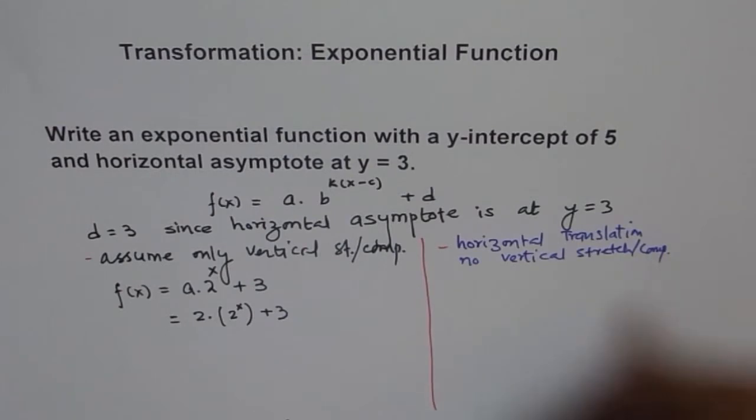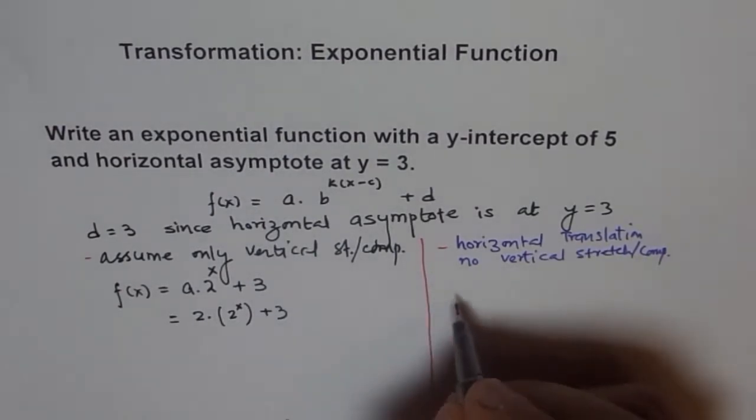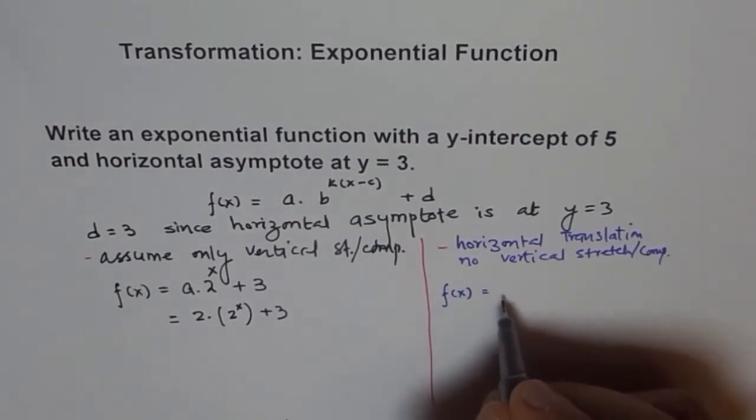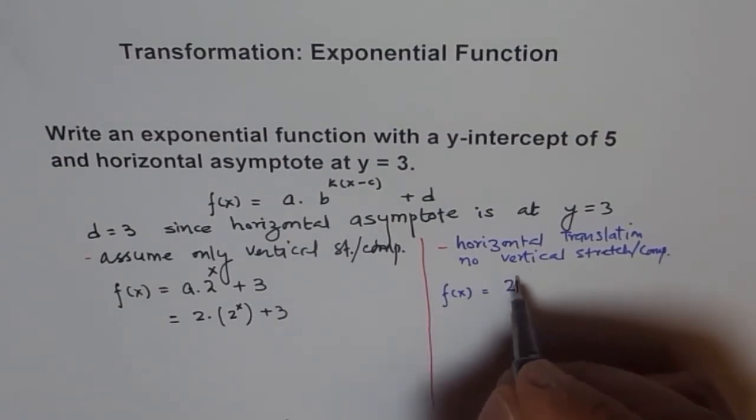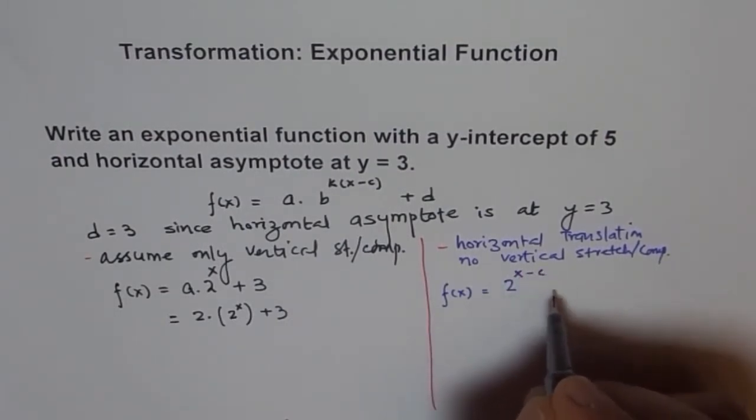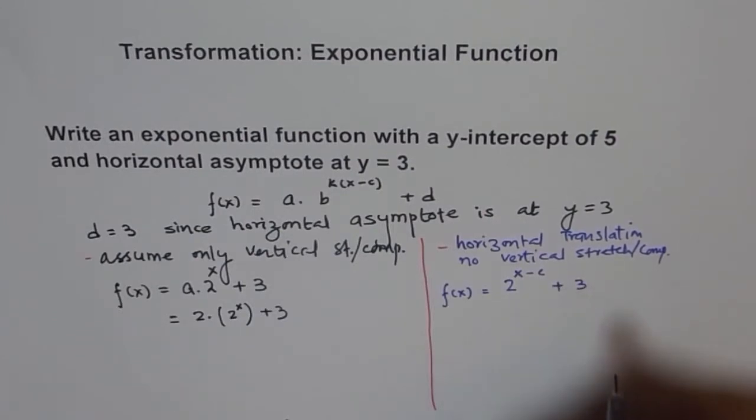In that case, a will be 1. So our function f of x could be 2 to the power of x minus c, plus 3.